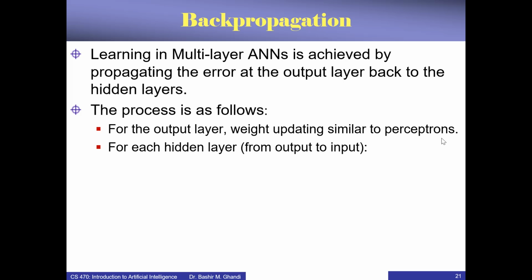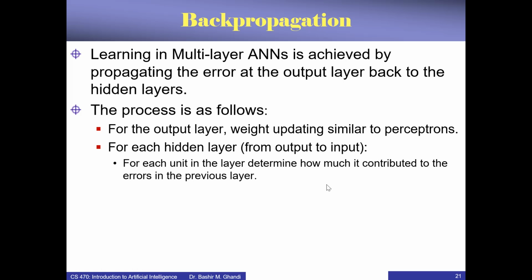It's for each hidden layer, from the output going back until the input. For each hidden layer, and then for each unit, or each neuron, or each cell in the layer, determine how much it contributed to the error in the previous run. How much did it contribute to the error? So this is what I meant.